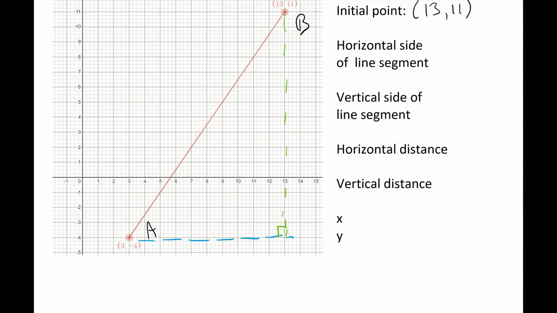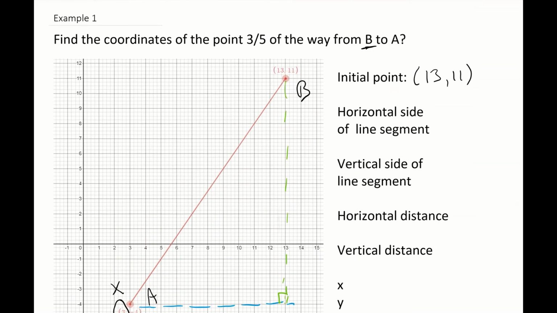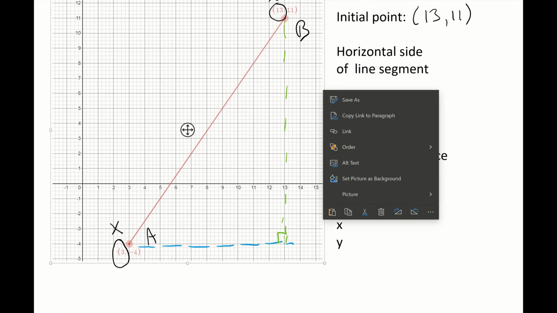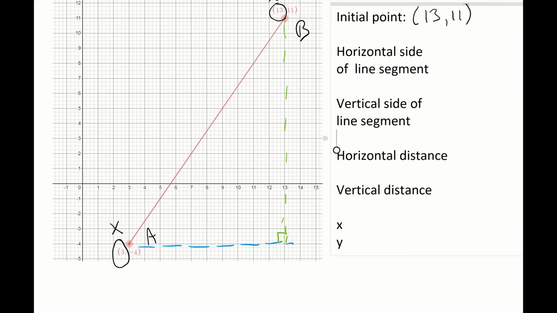Now let's do the calculation for the distance. We know that the X coordinate of A is 3, and for B the X coordinate is 13. If I want to figure out the horizontal distance between A and B, I have to subtract the X values.